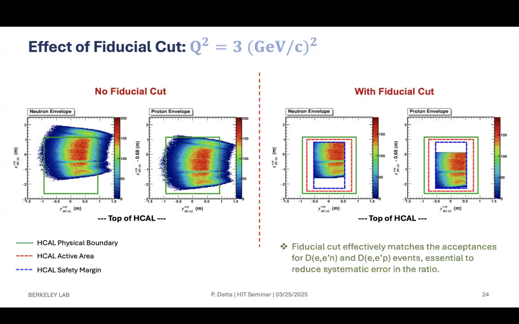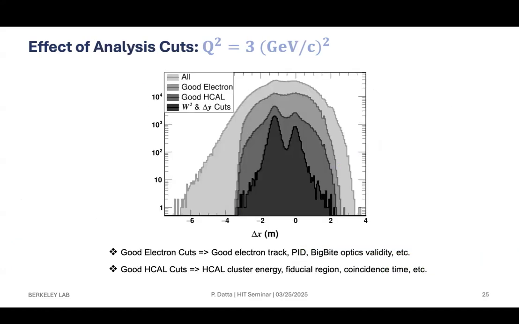But when we apply the fiducial cut, shown in this blue rectangle, it effectively matches the acceptances of neutron and proton events, which is essential to reduce a lot of systematic errors in the ratio. So this is very important for us to use.